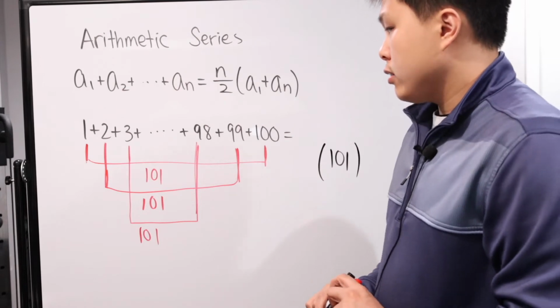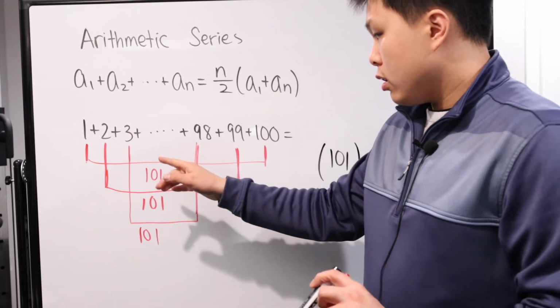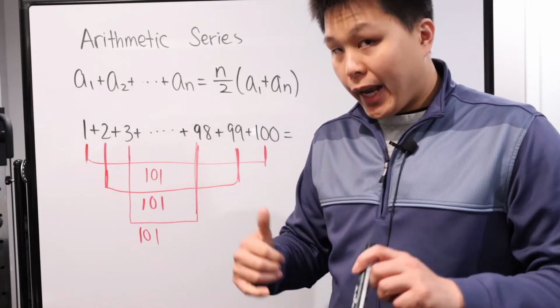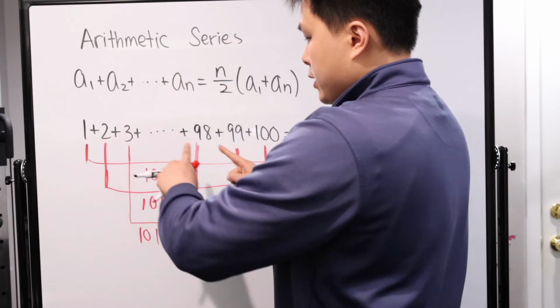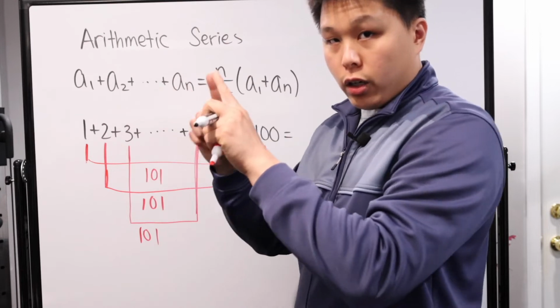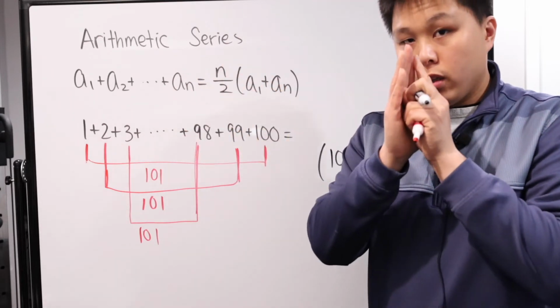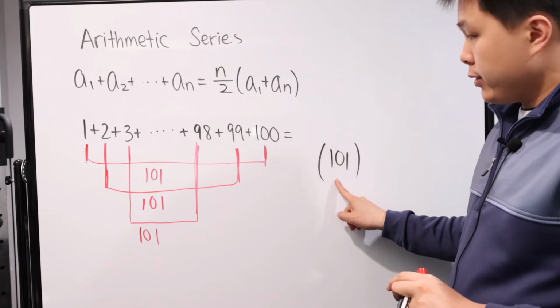There are 100 terms, but we didn't add it 100 times. We actually added by half, because we're taking this plus that, this plus that, and on and on until we hit the midway point.